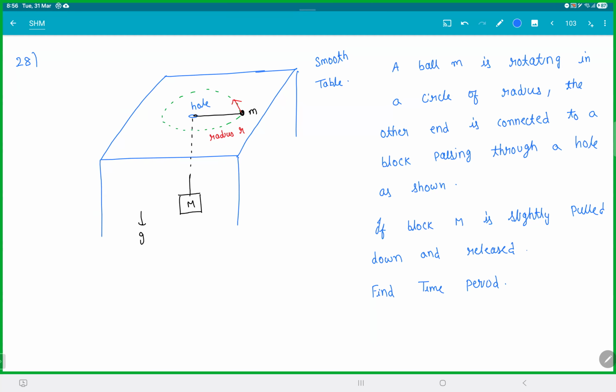One suggestion: don't take v, take omega. Come on, let's do it. Let's give it a try.